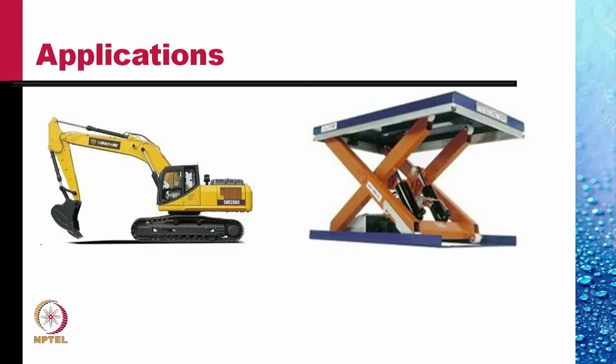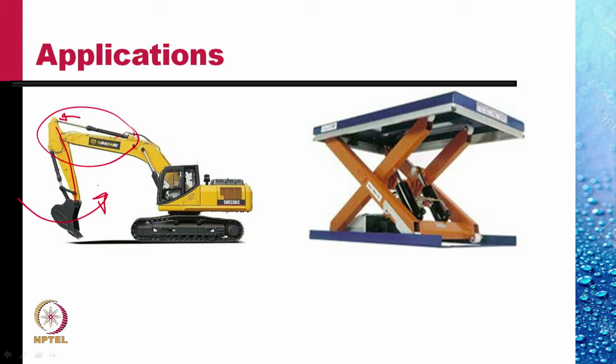An example of this is this earth mover. This is a pressure actuator. Applying hydraulic pressures at this end would extend this rod and would make this arm turn in that direction.